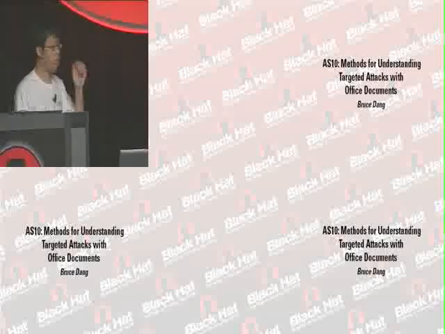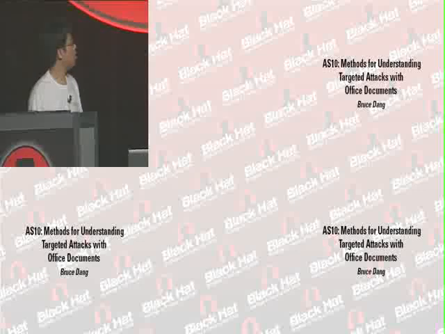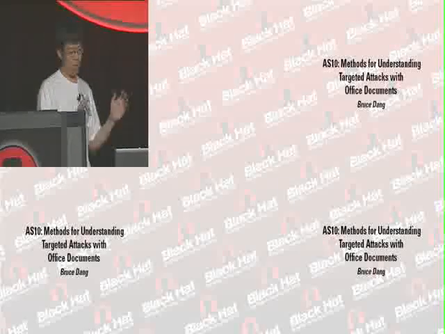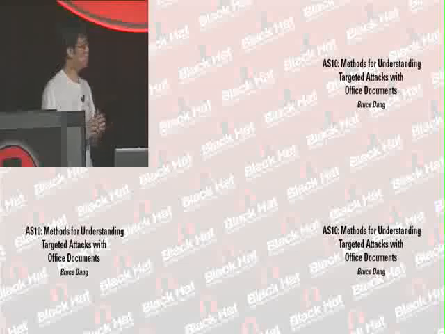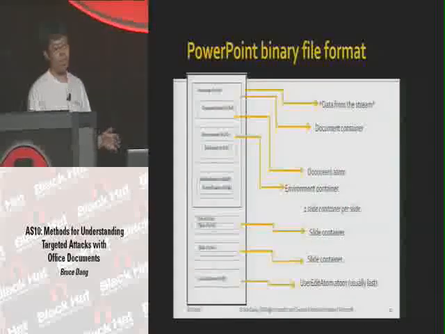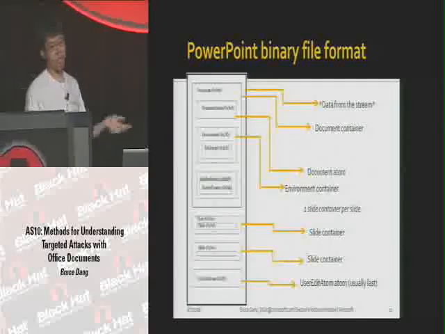And towards the end, in the middle, there are 2 slide containers. So pretty much, the concept behind PowerPoint is that the unit of representation is a slide, right? So for each slide you have, there's a slide container that describes the characteristics of each of the slides, like slide ID and so on.